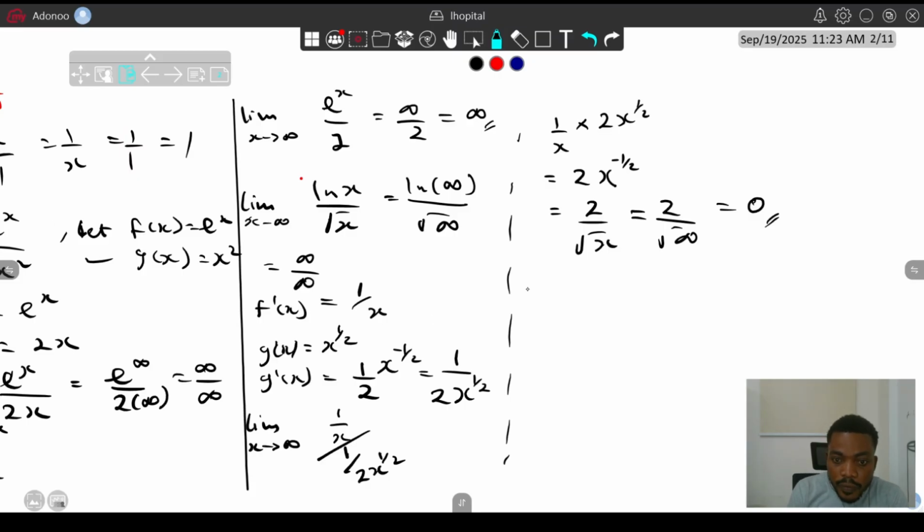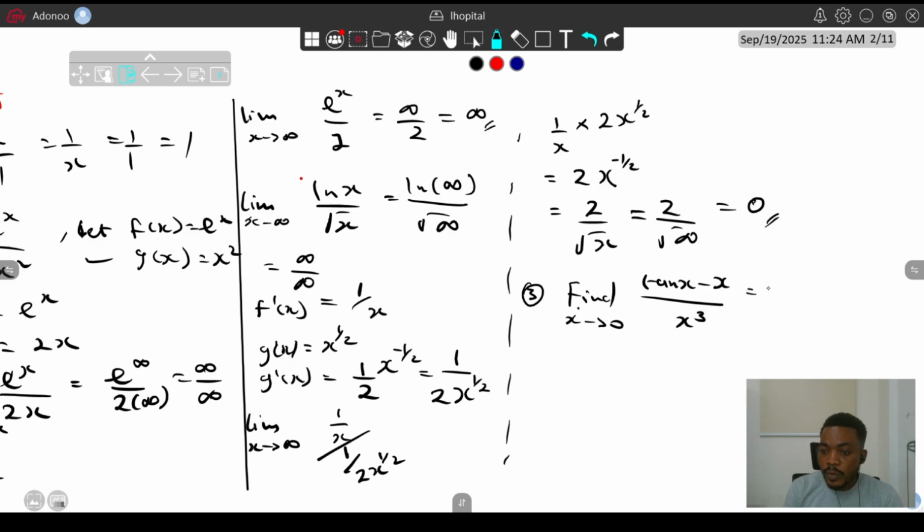So we have question 4. We should find the limit of tan x minus x all over x cubed as x approaches 0. So if we insert 0 now, we are going to have 0 minus 0 all over 0 cubed.